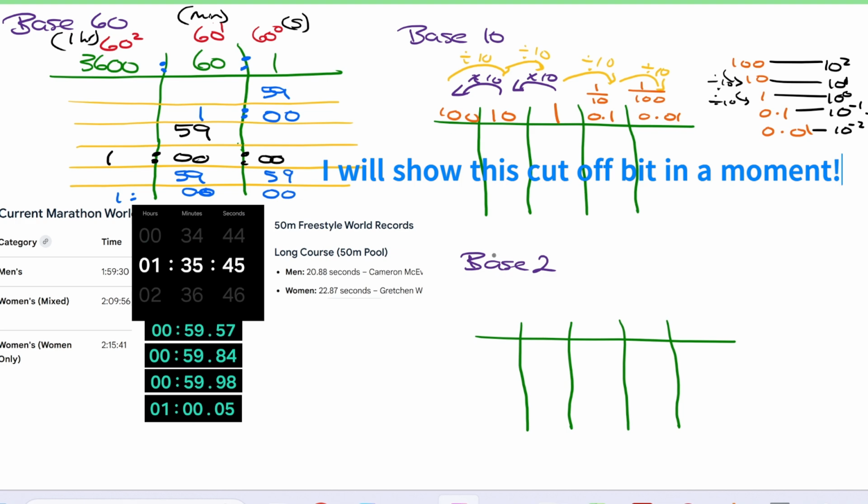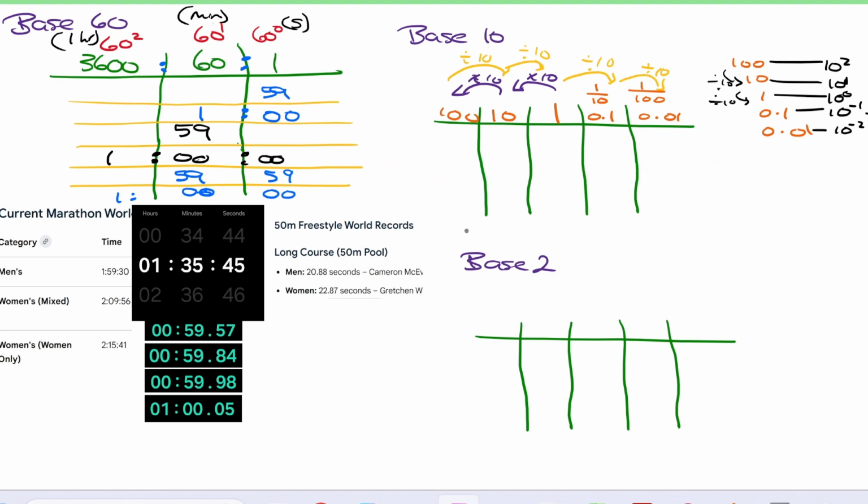And sometimes it's good to see it in a different base so that you can actually appreciate how it works. Because the pattern is not about adding. The pattern is, if I start with a 2 and I multiply by 10, I get 20. And if I multiply 20 by 10, I get 200.